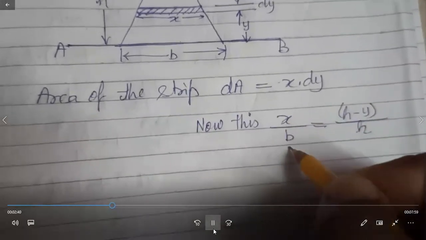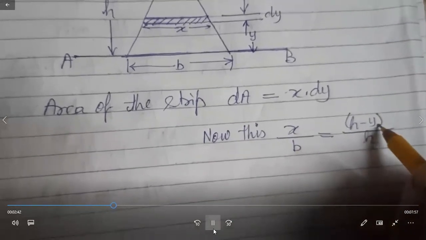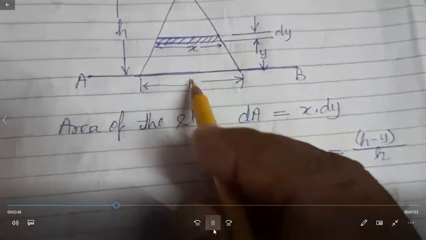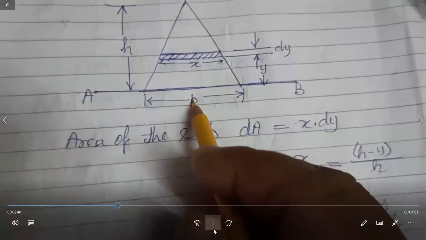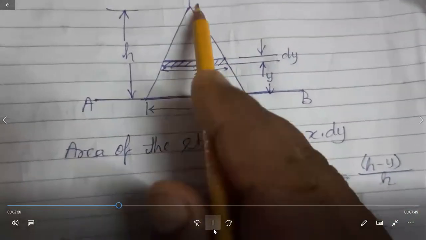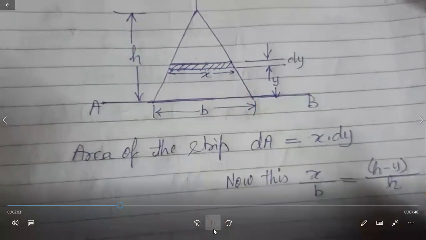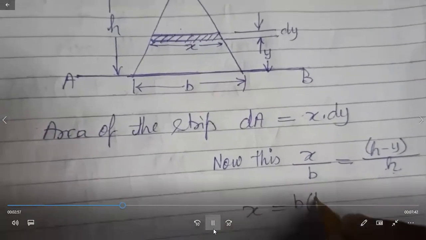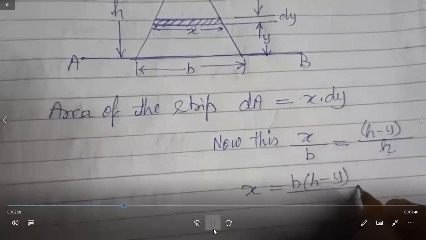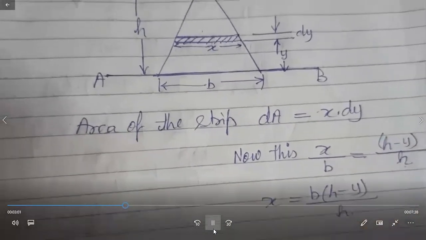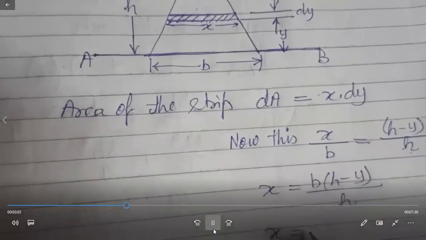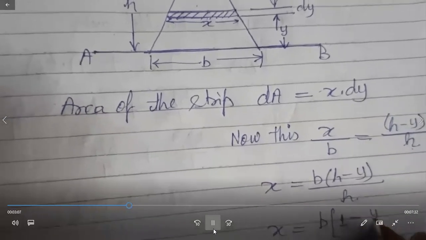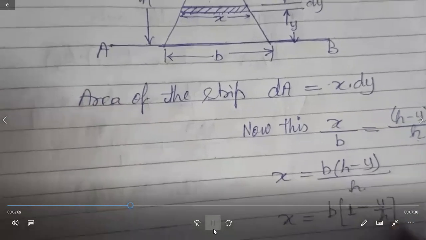So now x is equal to b into h minus y upon h, or x is equal to b into 1 minus y upon h.